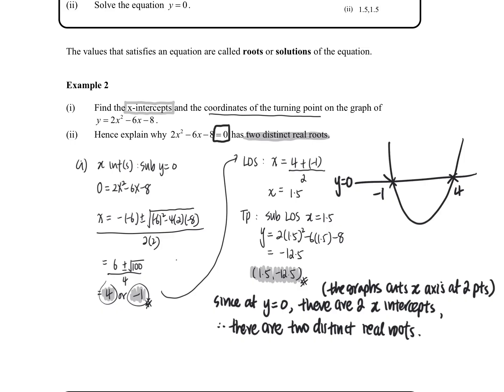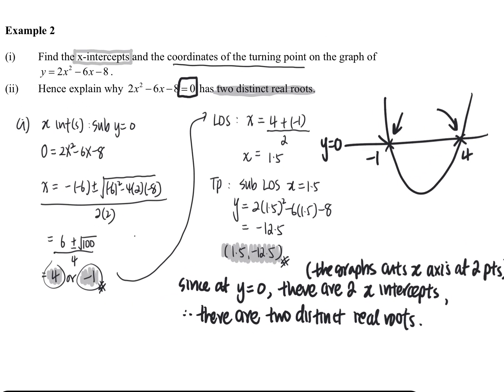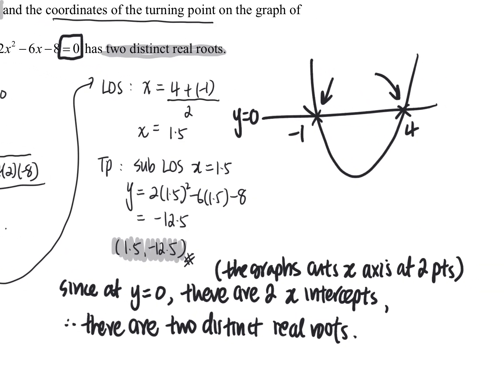So by telling them that you have 2 x-intercepts, you are telling them that it cuts the x-axis at 2 points. Therefore, there's 2 distinct real roots. Distinct means different values.